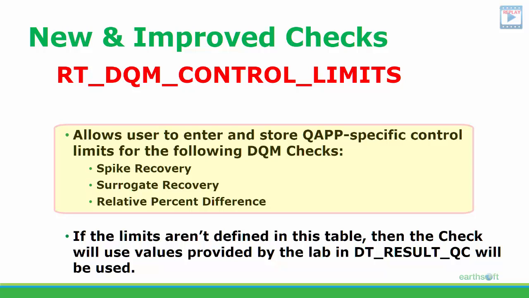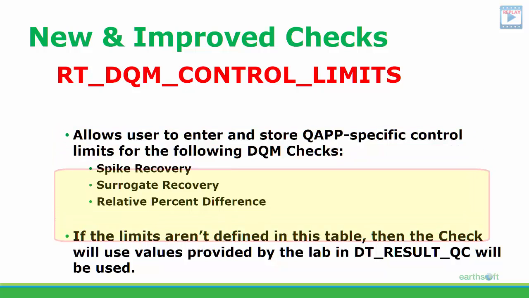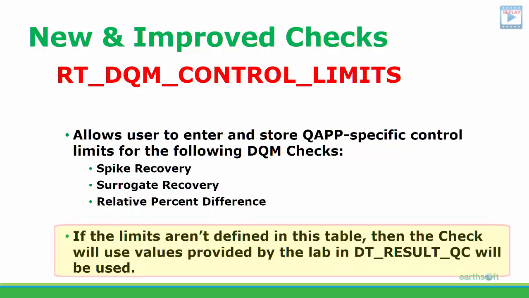Okay, and so you can manage that based on your project-specific QAP and have several different sets in there if you want to. But if you don't need to have that extra layer of specificity, you don't have to. If you don't have any data related to a specific QAP in that table, then DQM will say, oh, there's nothing there, and then just default to those values provided by the laboratory in DT Result QC. Okay?